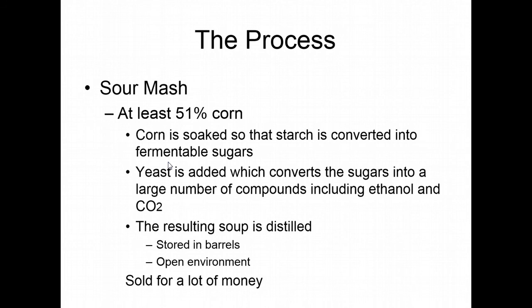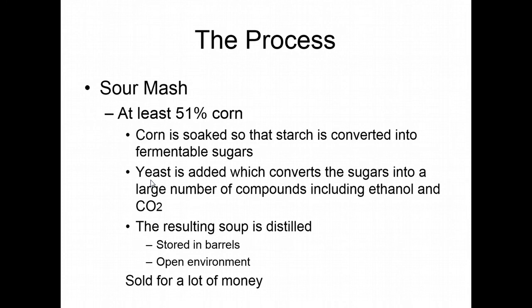And what you're doing is pretty simple. You're taking corn and you're soaking corn to release the starch, which is what we're going to talk about. And usually you add a very specific yeast.